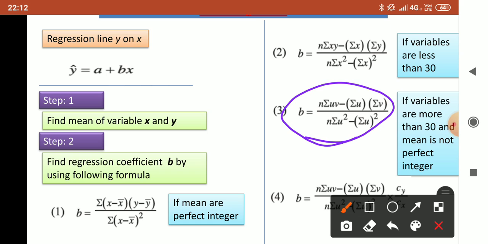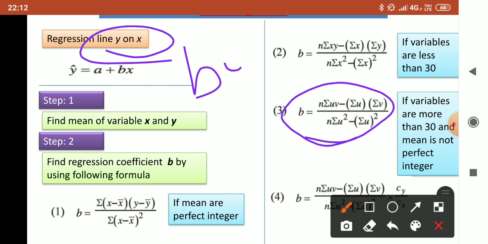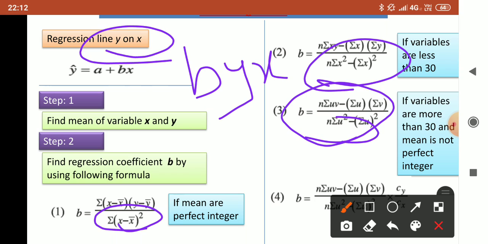Friends, keep one thing in mind, that we are finding y on x. So that means we are finding b y x. So in the denominator you might have noticed only x variables are to be written. Here also only the x variable.